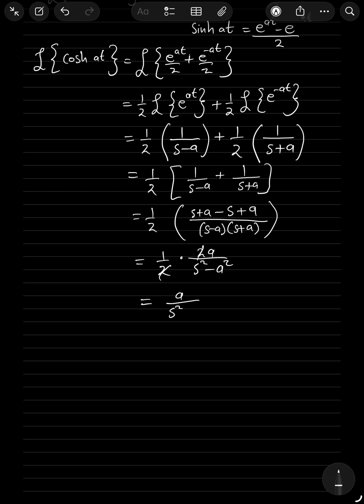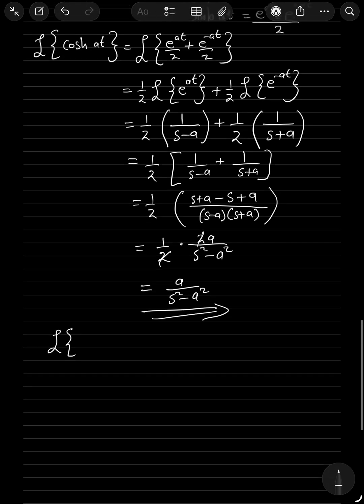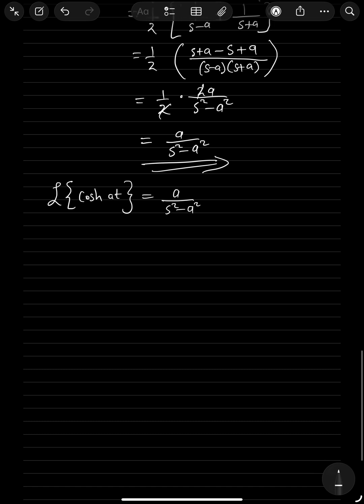So now we know that the Laplace transform of cosh at is equal to a over s squared minus a squared, right?